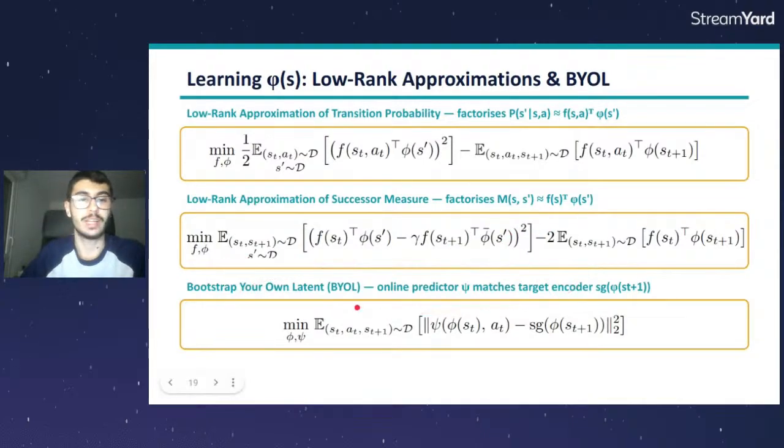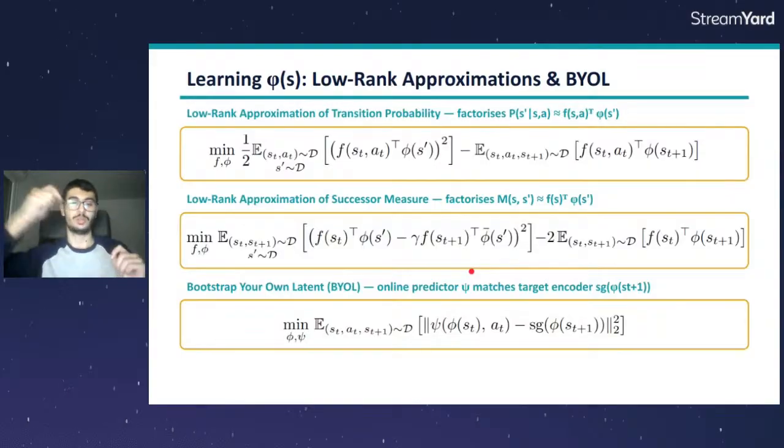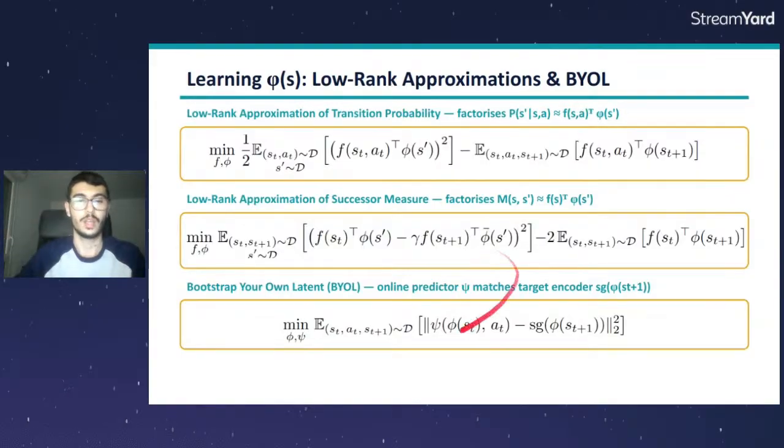We also have another method that has been used in computer vision, which is called bootstrapping on latent. It's very similar to contrastive learning, except that we don't need to define negative pairs. From the dataset, we sample a transition st, at, st plus 1, and we try to learn a state feature that is going to allow us to predict the next representation of st plus 1.